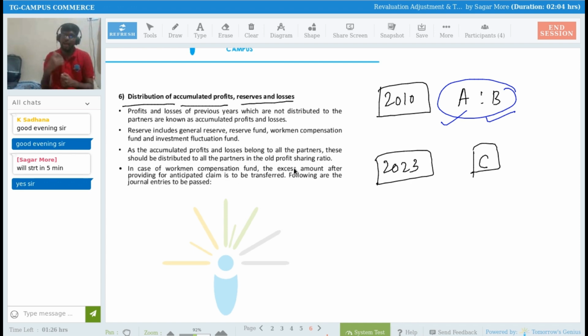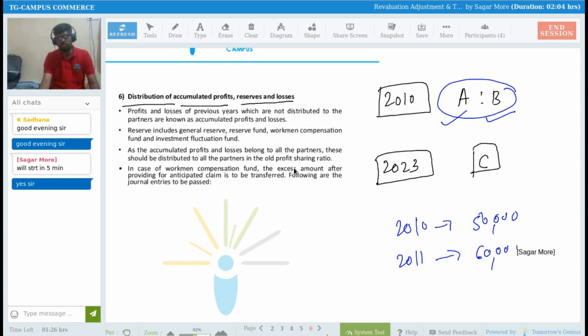So those losses you have to adjust with your profit, right? But I cannot directly adjust those losses with any one year's profit. I will systematically adjust that over a period of 5 years or 10 years, because that loss will be huge, so it is not possible to write off that loss in one single year. For example, in 2010, when I started the business, I enjoyed a profit of rupees 50,000. In 2011, I suffered a loss of rupees 60,000.